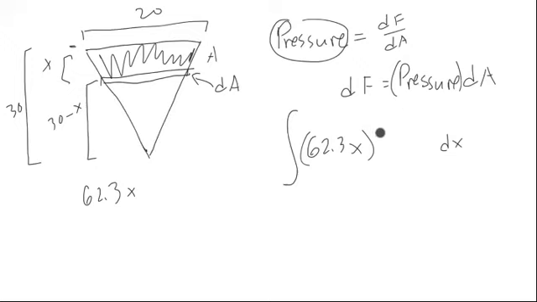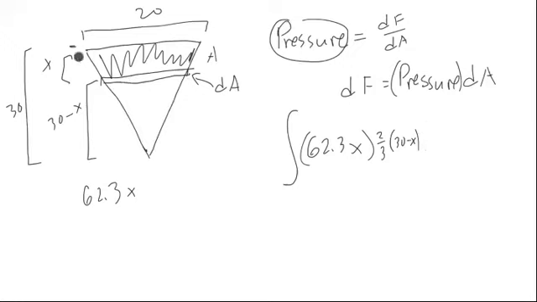So we have base times height. The base is 2/3 times 30 minus x. But then we multiply by 30 minus x again, since it is the height of that triangle. Oh, no, we're not doing that. We're just finding dA. Sorry. Getting lost in what I'm doing.